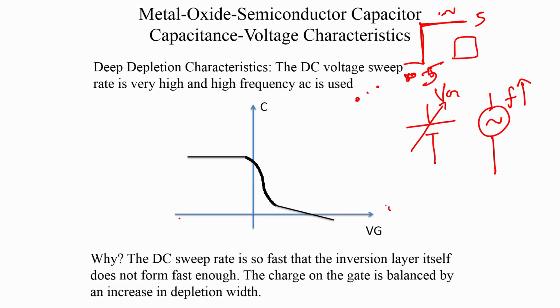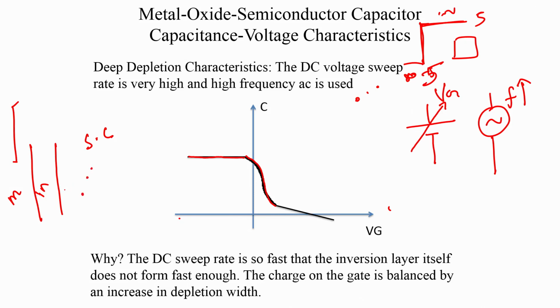So, what happens in this case? The holes will respond, the depletion charge will also respond, but then since the voltage went up so quickly, it was too quick for the electrons to even form an inversion layer. Okay. So, you have your metal insulator semiconductor interface, the DC voltage went up so rapidly that the thermal generation rate is too slow for it to even match the DC response.